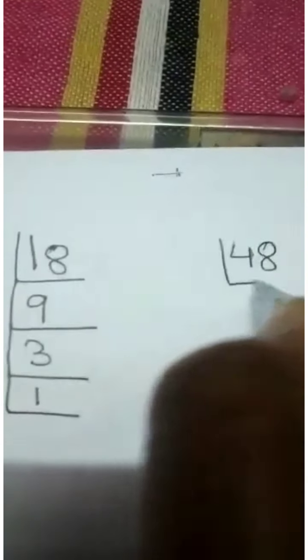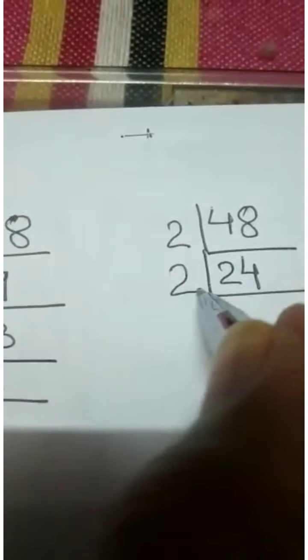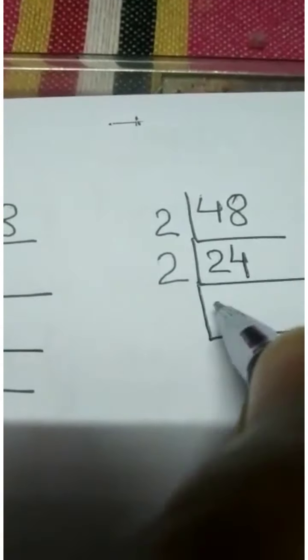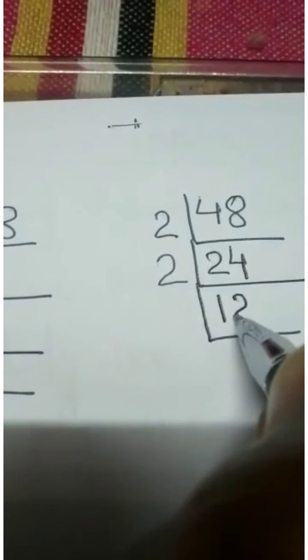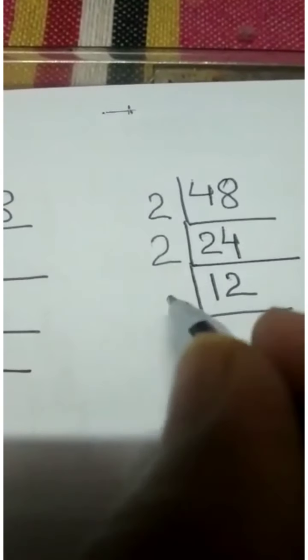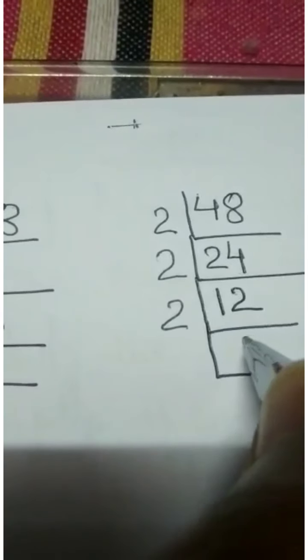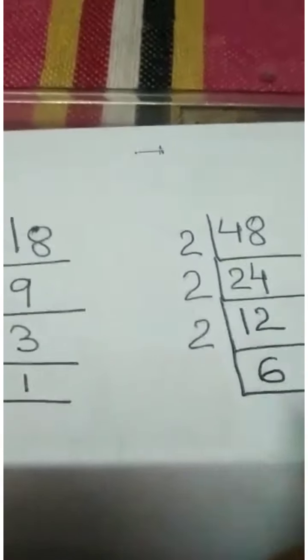Another number is 48. 2 is one factor of 48 and the first prime number also. So divided by 2. 48 divided by 2, 24. 24 divided by 2, 12. 12 divided by 2, 6. 2 6s are 12.